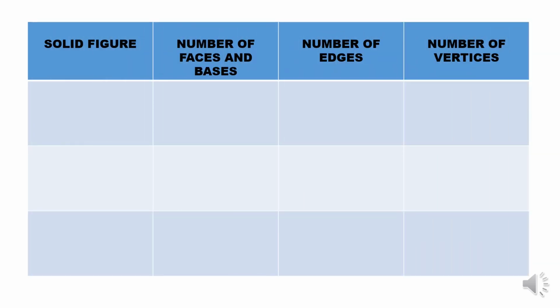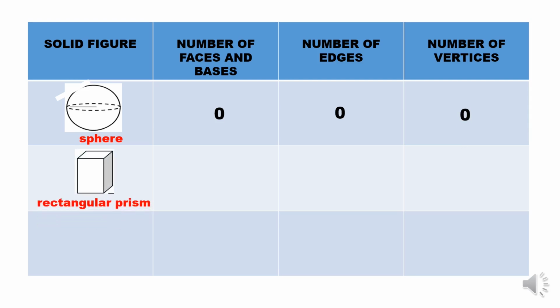Here are the solid figures and their number of faces and bases, number of edges, and number of vertices. For a sphere, 0 face and base, 0 edge, and 0 vertex. For rectangular prism, 6 bases, 12 edges, and 8 vertices.